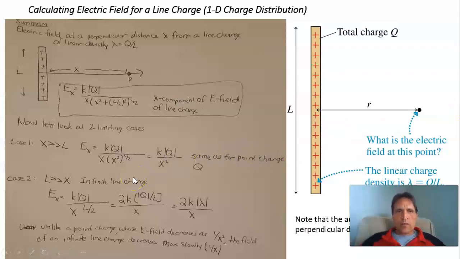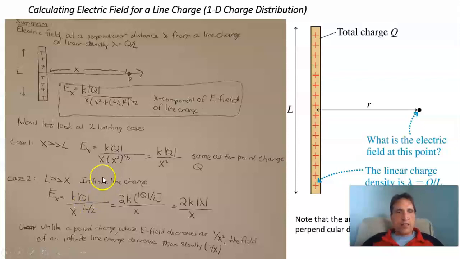Let's look at another case which is perhaps more interesting. Let's assume that L is very long and it's much larger than the distance from the wire where we're evaluating. In other words, let's move this point P up closer to the wire. Okay?